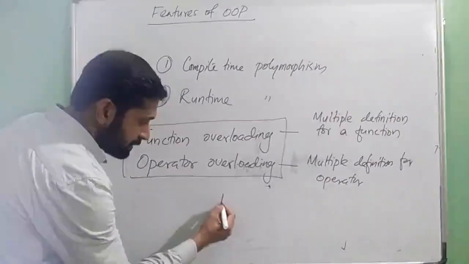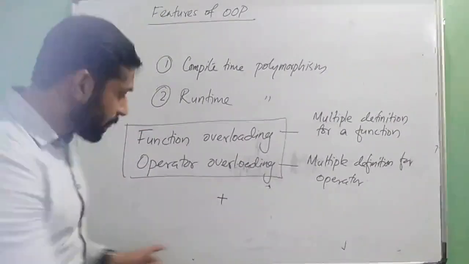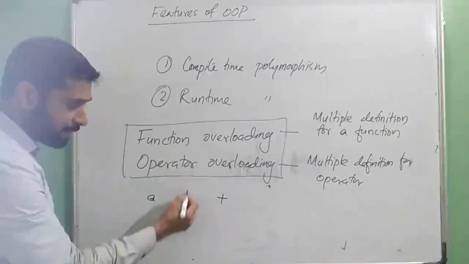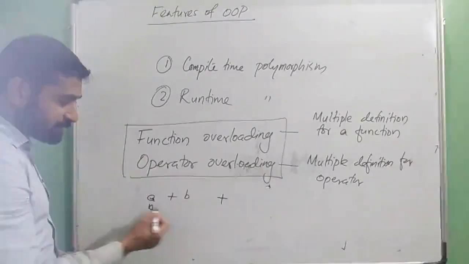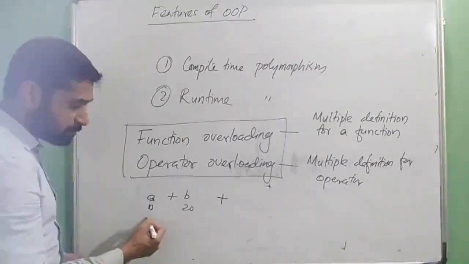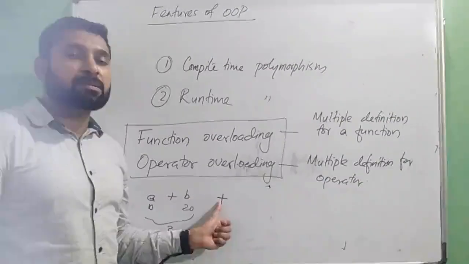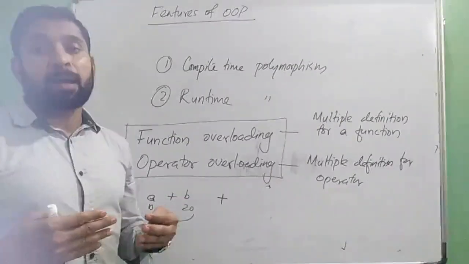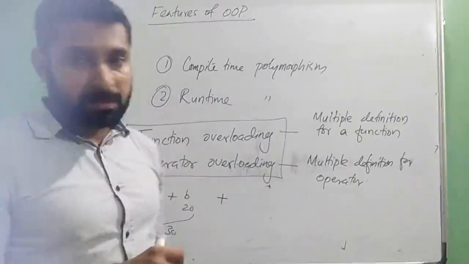We know plus is an operator. If a is an integer and b is another integer, a plus b will be performed. Suppose a is 10 and b is 20, a plus b will give us 30, where plus performs addition on numbers.